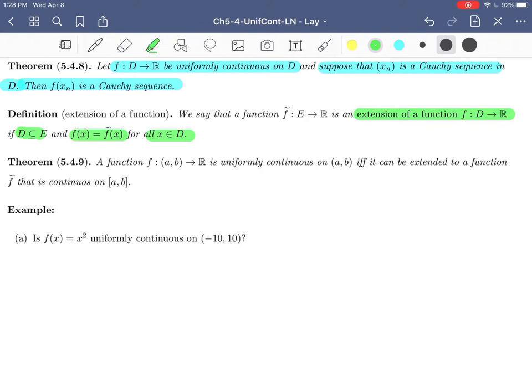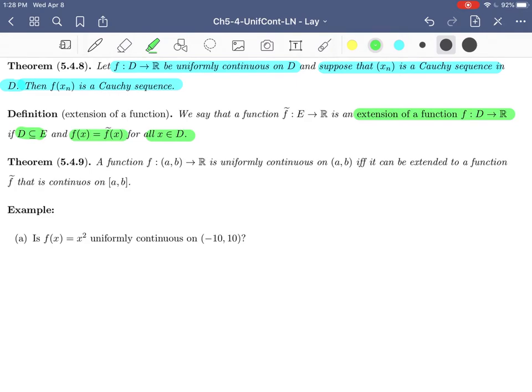So really the idea is if we have this function f that's defined on some domain and we extend it, we decide we want to throw some extra things into this domain and define the function for a few extra values. That's what the extension is.